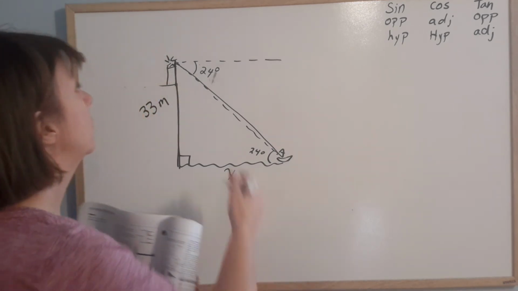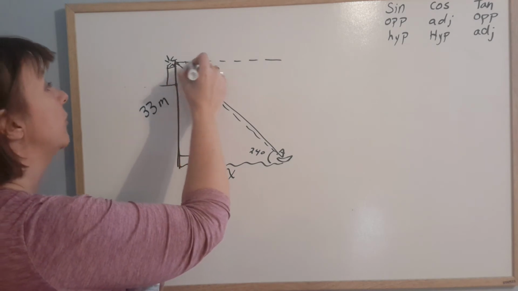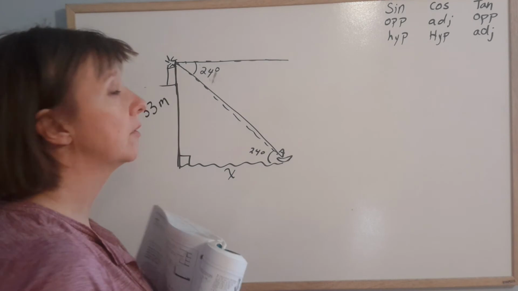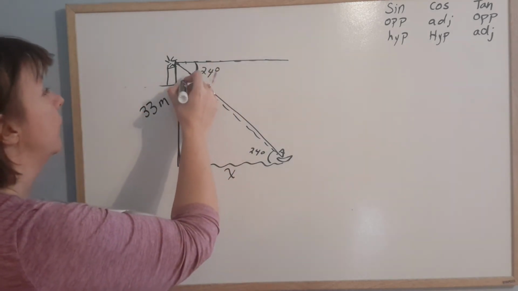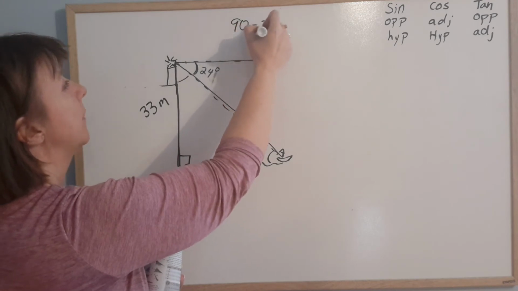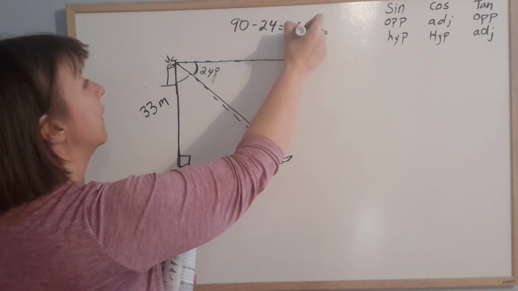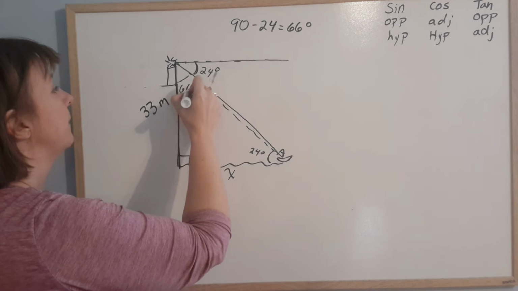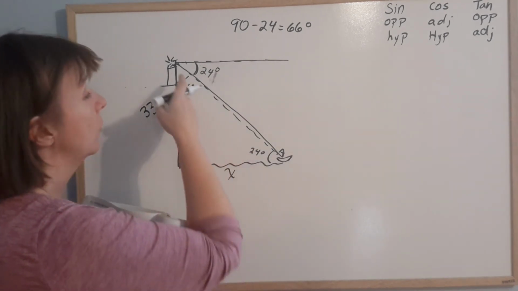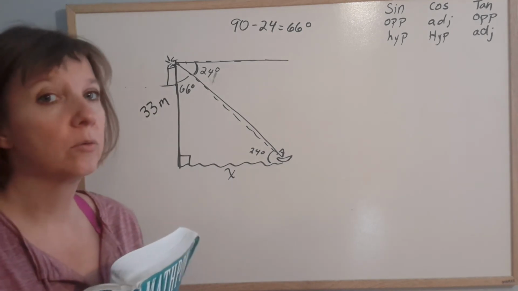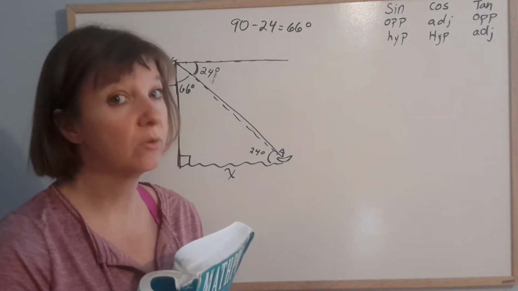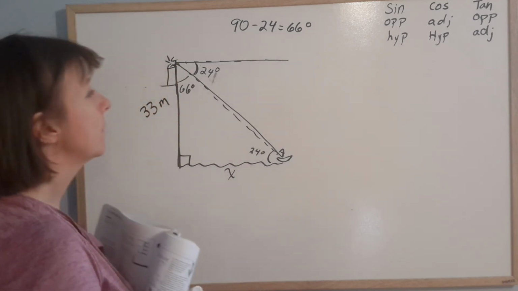Or you could say between here and here has to be 90 degrees, so if that's 24, I can figure out this angle by doing 90 minus 24, and that is 66. It doesn't matter which angle you use. Whichever explanation makes sense to you, use that.